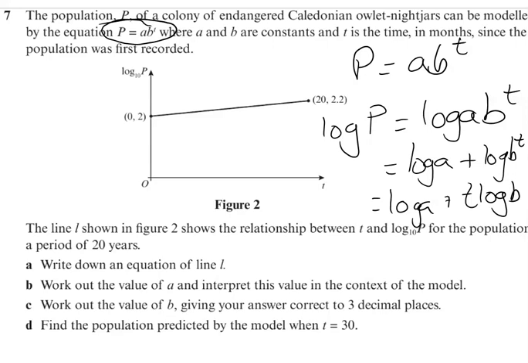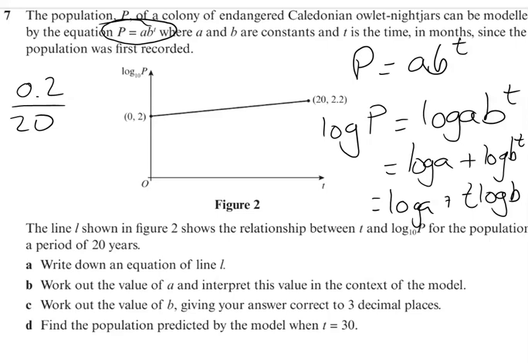So I'm just going to bear that in mind as I now go through. Got some numbers there that we might need, not sure. Write down an equation of line L. Okay, well actually that's got nothing to do with the log so far. We just want an equation of a line. We can get the gradient from here. It's going to be the rise, which is from 2 to 2.2, so that's 0.2, over the run, which is 20.